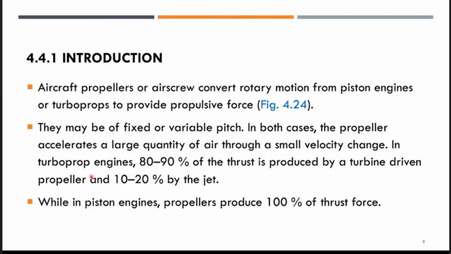In a turboprop engine, normally 80% to 90% of the thrust is produced by the turbine-driven propeller, and 10 to 20% is produced by the jet. Most of the propulsive force is driven by moving a large quantity of air through a small velocity change. While in a piston engine, the propeller produces 100% of the thrust force.